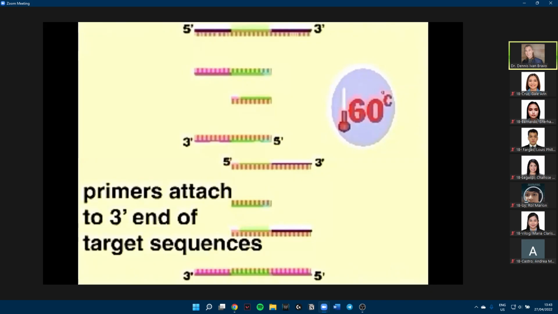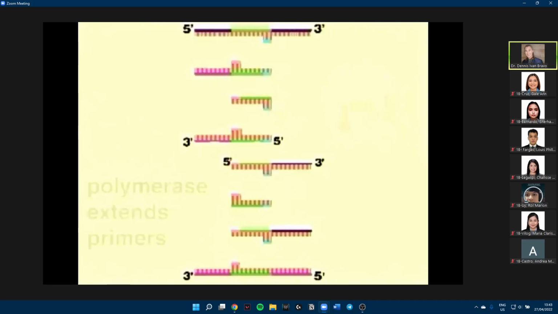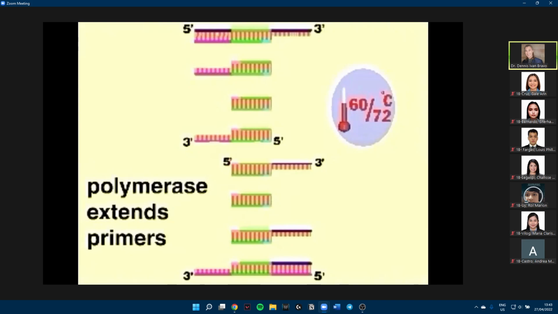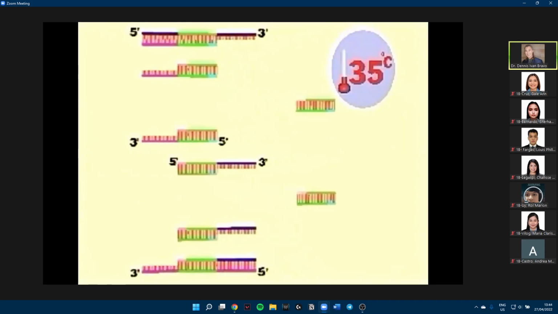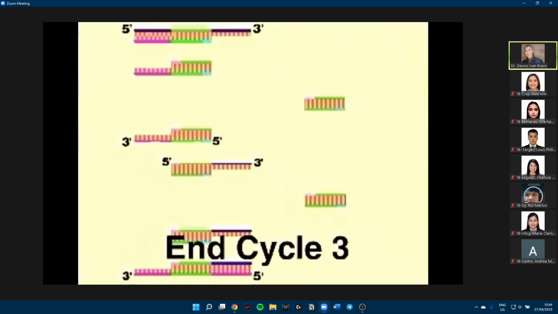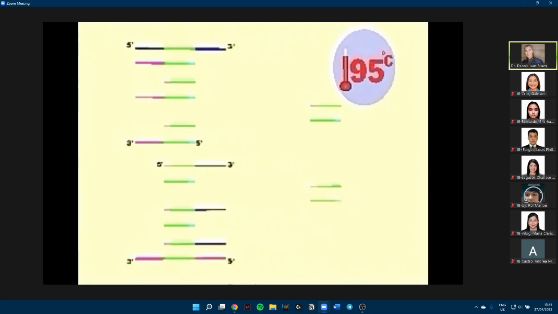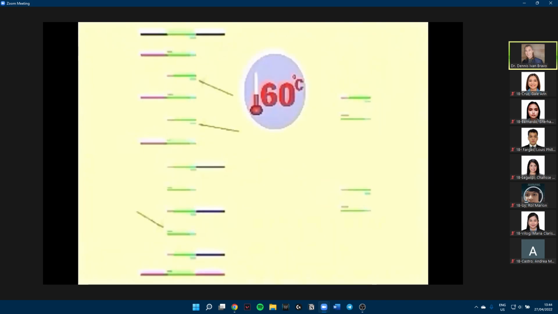But by the end of the third cycle, we are now going to see the appearance of DNA fragments or amplicons that are of uniform length, like here. So in the fourth cycle, we see the continuous rise of the DNA fragments that are of uniform size.